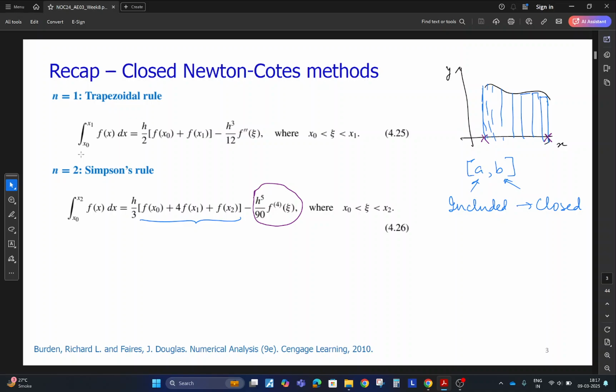we must resort to numerical integration schemes, whereby we divide this entire domain a comma b between the two purple arrows into very small zones or steps, and clearly the size of one step is simply called the step size. In this case, it is referred to by h.